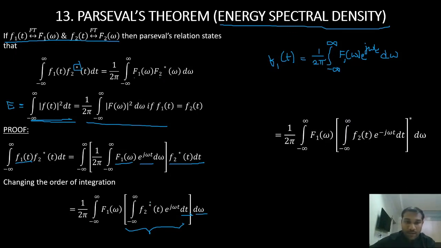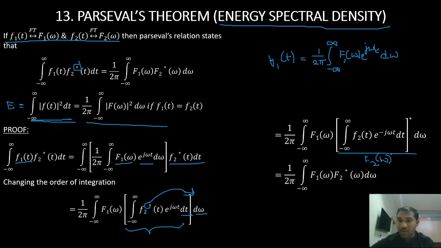I can take the conjugate outside. If I take the conjugate outside, my e power j omega t will become e power minus j omega t. So this term here is nothing but F2 of omega, so I have F2 conjugate of omega.